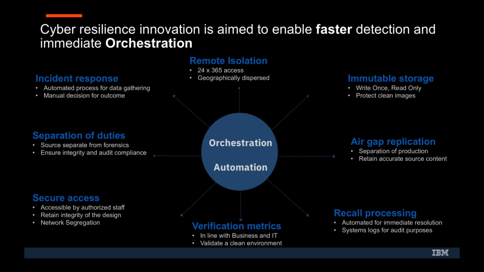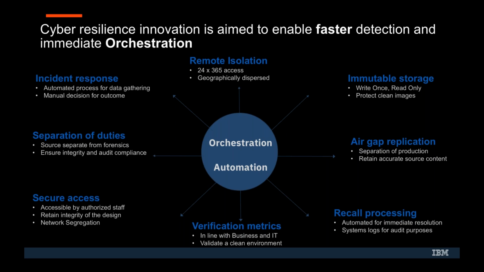Orchestration and automation, eliminating the manual steps in all of your processes, is going to really enable you to deliver a better response to whatever the attack is. And going through those simulations is really important.